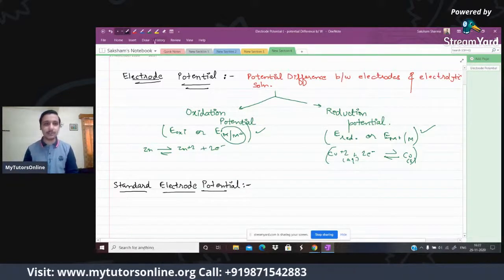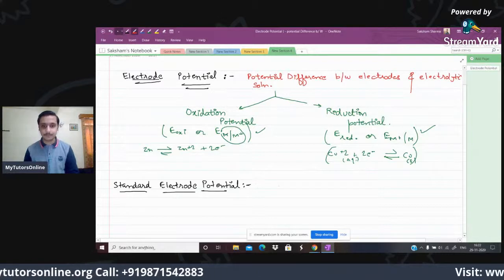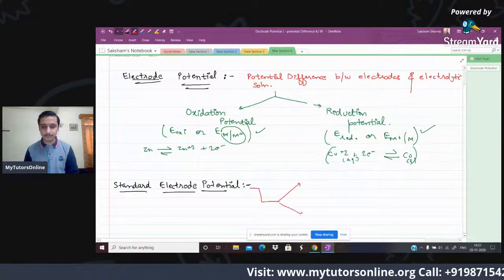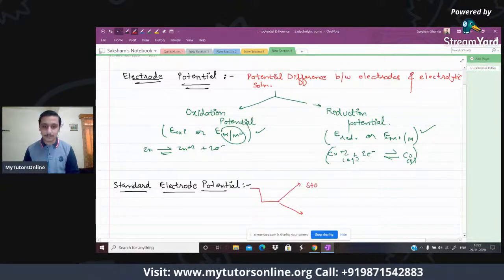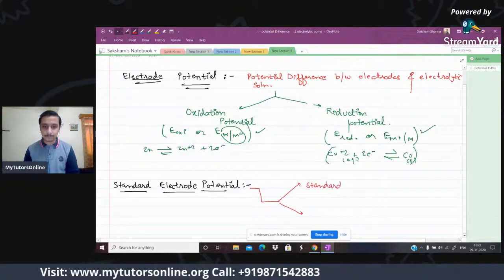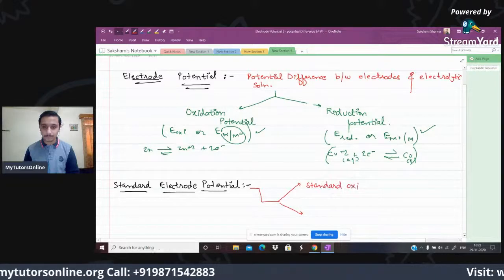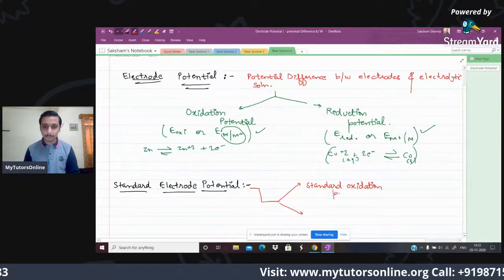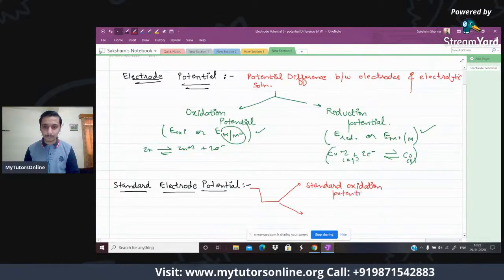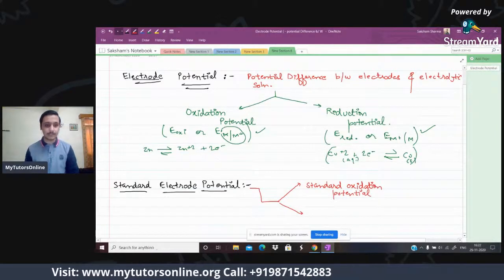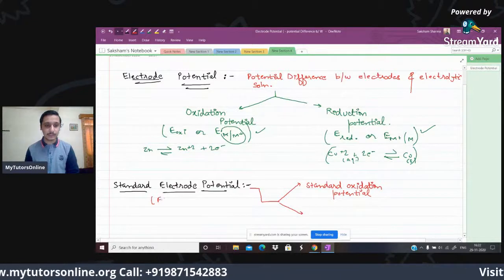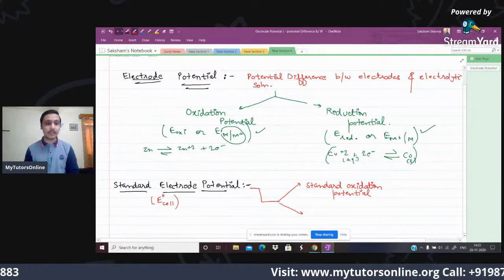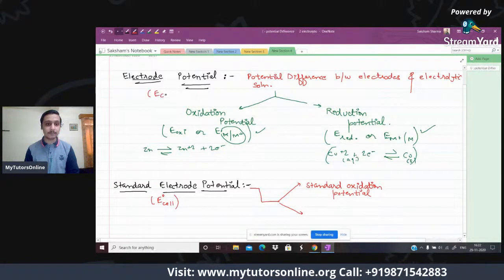Again, this is divided into two subparts. Standard oxidation potential. And one more thing, this standard electrode potential is represented as E naught cell, and your electrode potential is E cell.